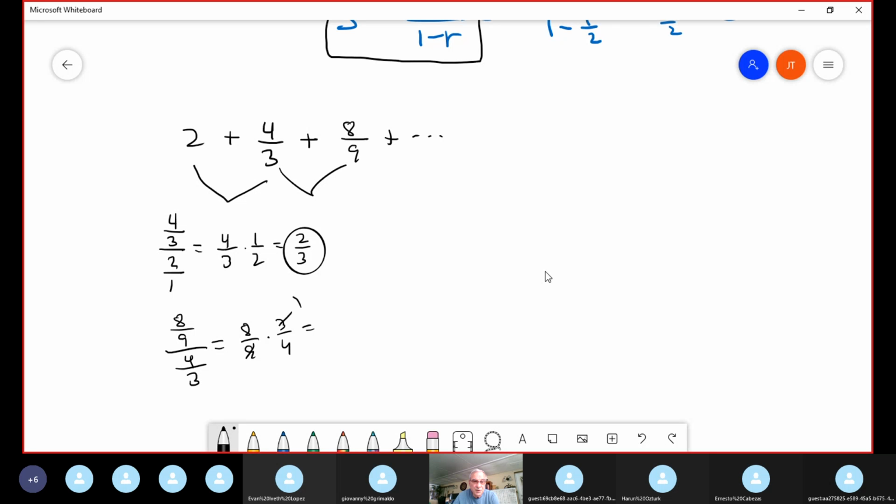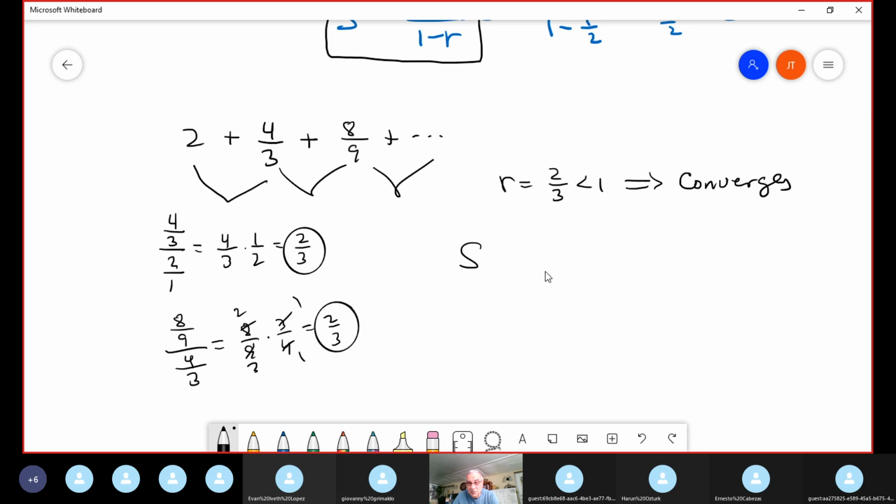Simplifying, it is 2/3. You have no more information, but I suppose it follows the same pattern, right? So this is geometric, yes. And the common ratio is 2/3, and 2/3 is less than 1. Therefore, it converges.